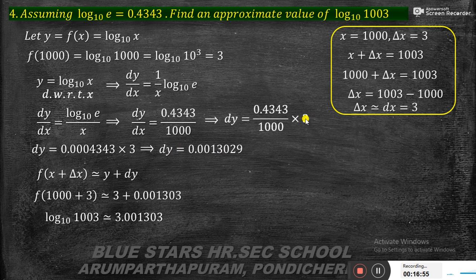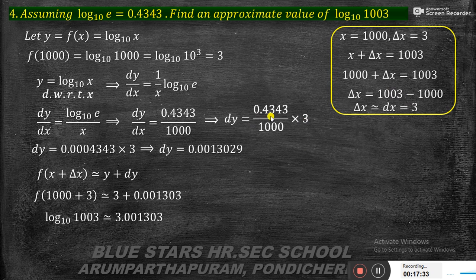Here I take x as 1000 and x plus del x as 1003, so del x equals 1003 minus 1000, which is 3. Therefore dx equals 3. This is the dx answer.